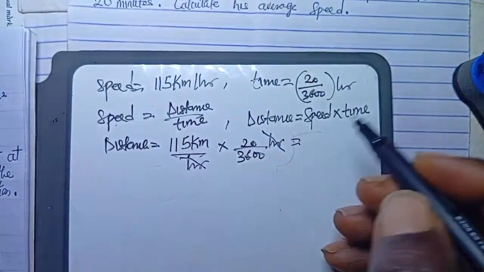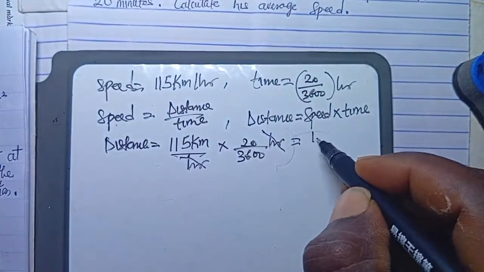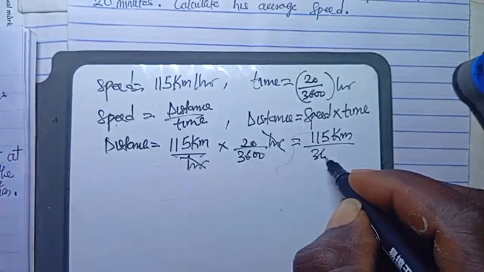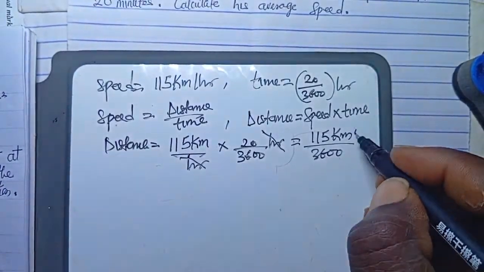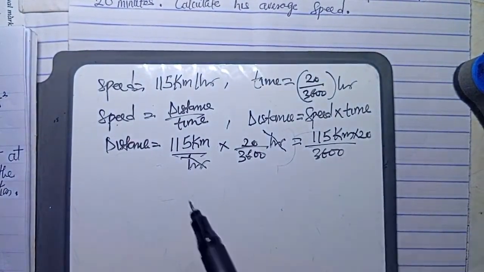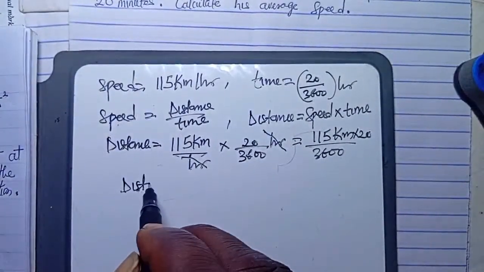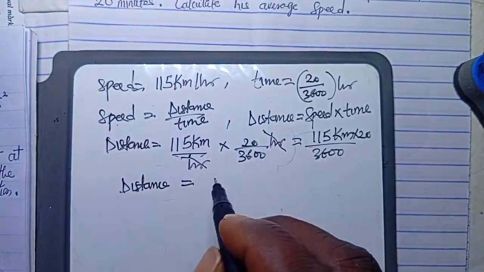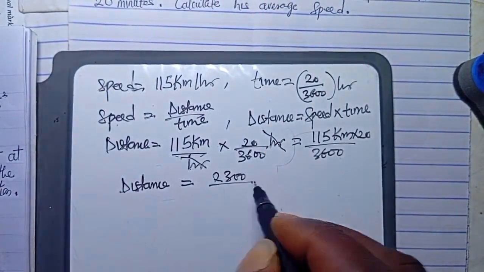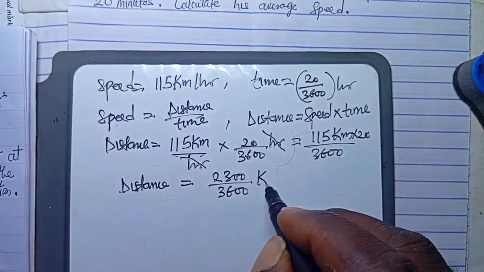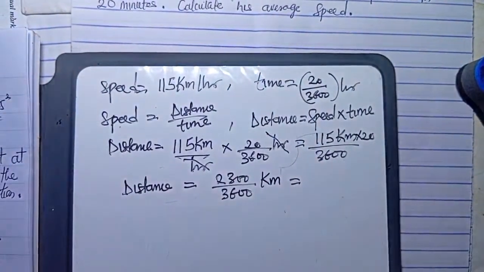It will now remain 115 kilometers divided by 3600 times 20. So by the time you multiply it together, we have our distance to be equal to 2,300 divided by 3600 in kilometers.